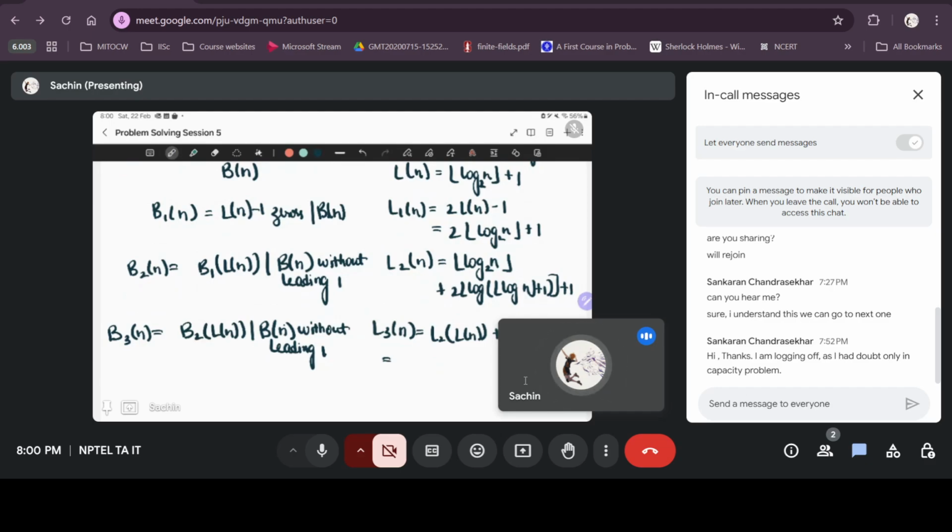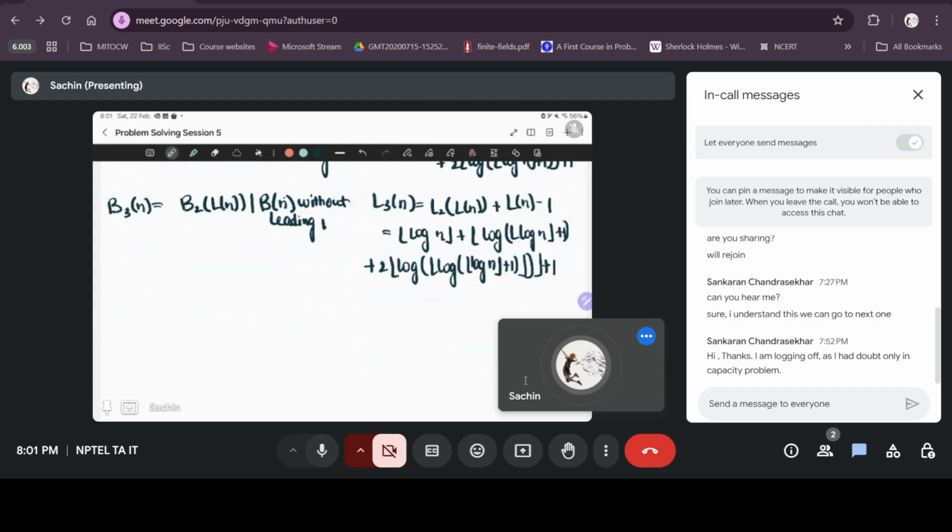I'll leave that to you as homework. You'll finally end up with log n plus floor of log of n plus 1 plus 2 times log of floor of log n plus 1, plus 1. We end up with this.